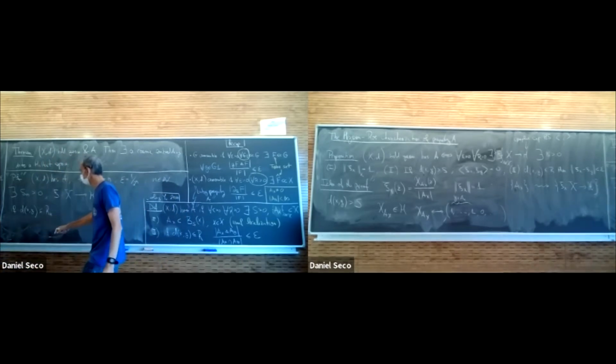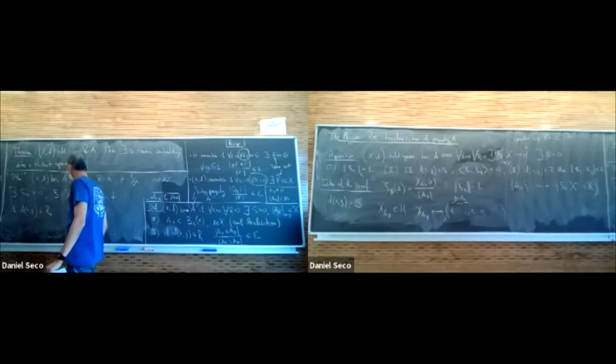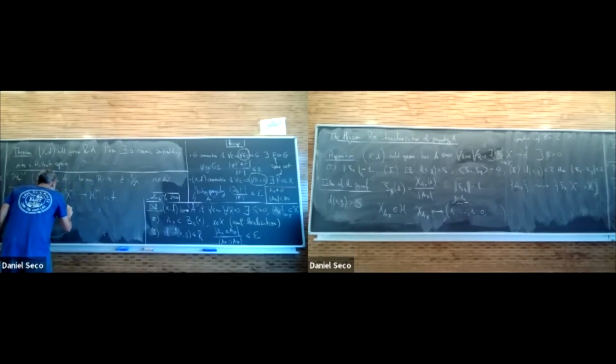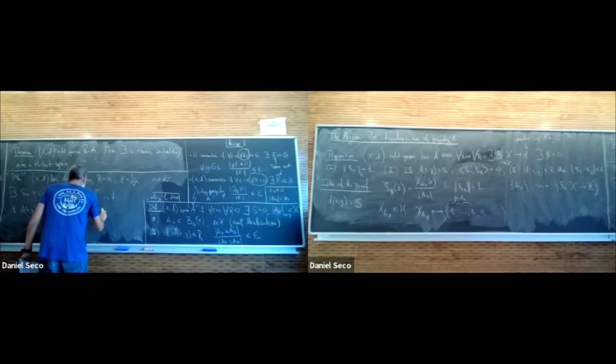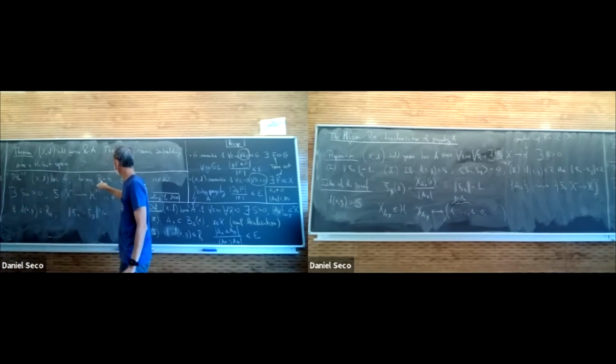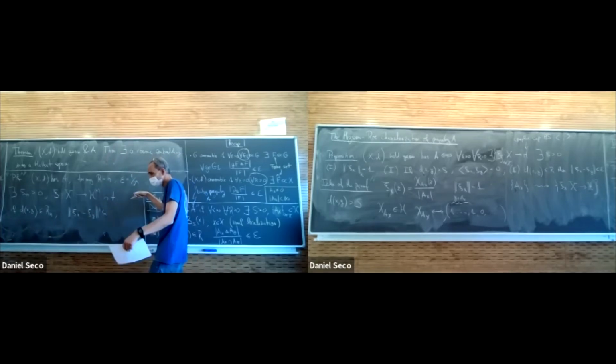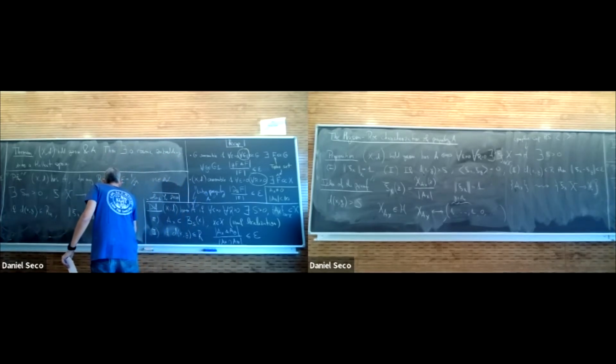So if the points are close, then we know that the distance of these two vectors is below the bound I have given to you. Yeah, in this case, as a function of it.